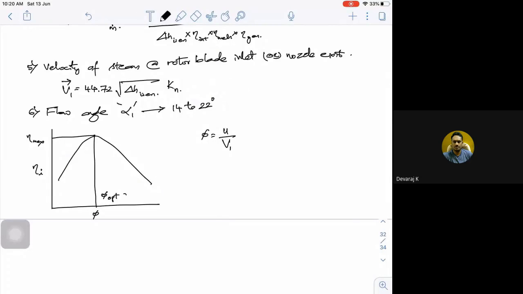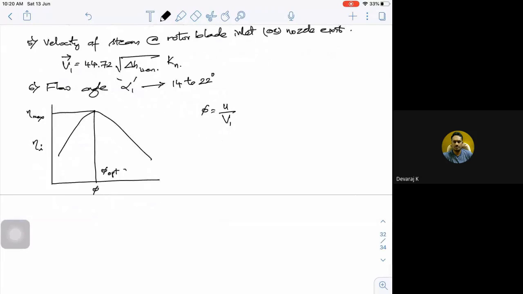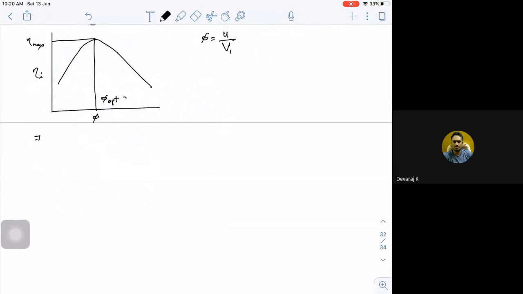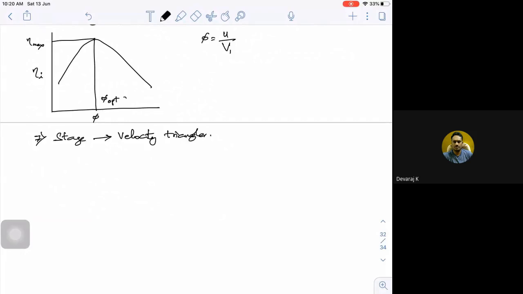A detailed design, a complete detailed design of the stages, and then we'll put in the velocity triangles. Once you have this, we will move towards drawing the stage velocity triangles. From the stage velocity triangles I'll be able to get the reheat factor.